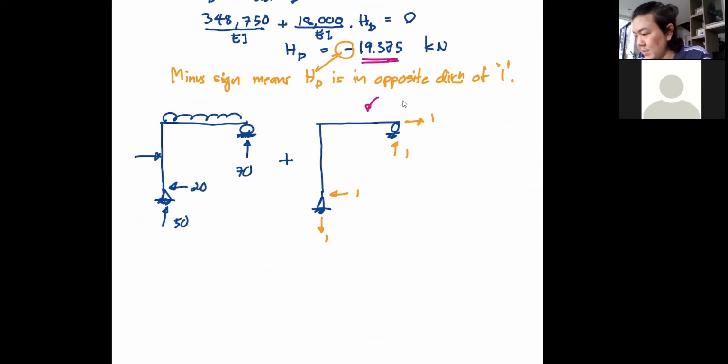If these numbers are the reactions caused by this unit load here, now that I know my HD is 19.375 but in the opposite direction, I can easily use this to calculate the reactions right away, right?